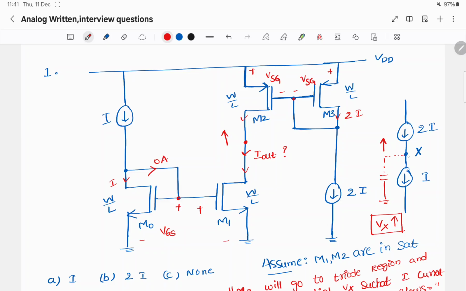Then it will settle down to some node potential. Because it is in triode region, it needs high VDS to carry the same amount of current as the NMOS transistor. This node potential Vx, we can clearly see that 2I is greater than I and this node potential is increasing. It will increase such that it will carry a current I in the triode region. Okay, thank you.